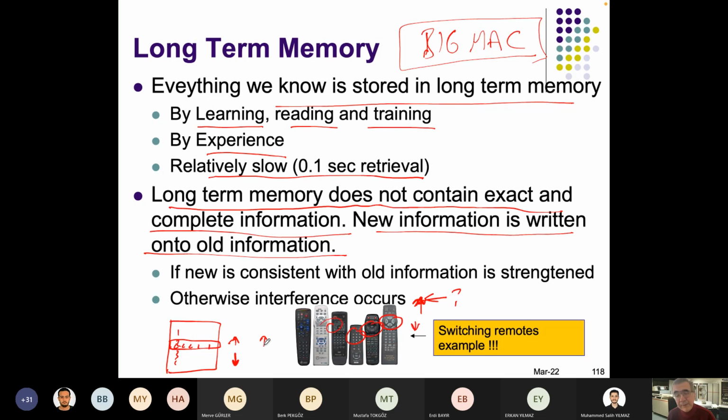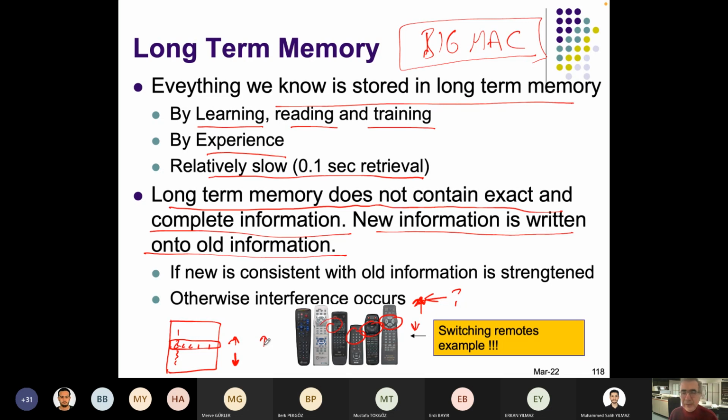If you don't have an on-screen menu, up means increase. So a selection between two meanings is involved there. Up sometimes means upwards on screen. If you don't have an on-screen menu, up means increase the channel number.